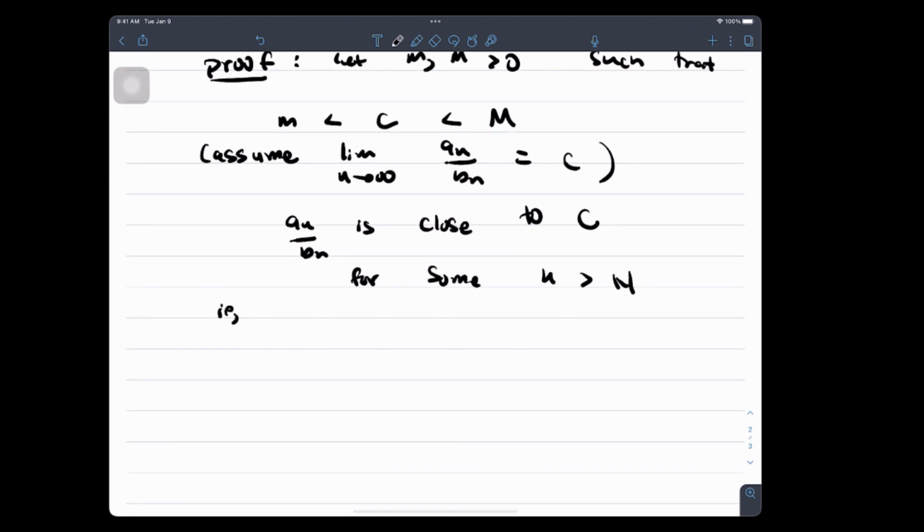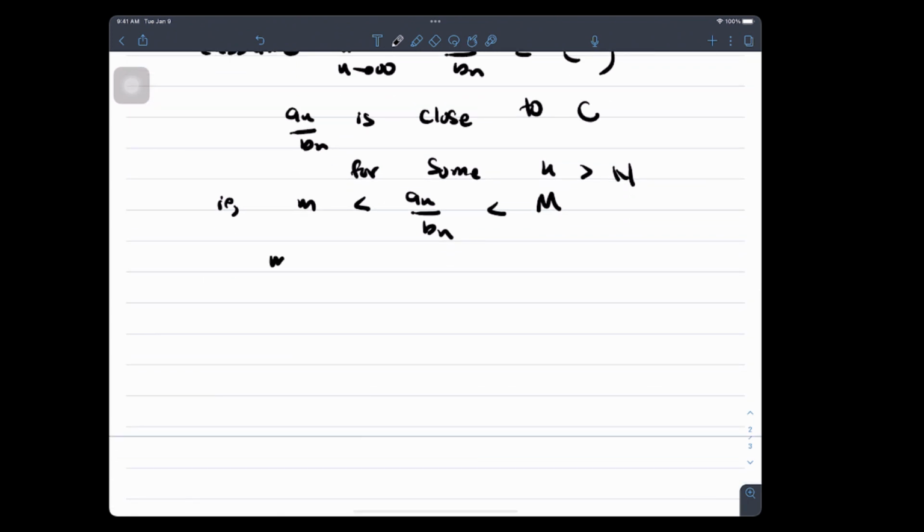In other words, what we're saying is little m is less than that AN over BN value, which is less than that big M. Okay, so then now just multiplying BN to both sides, remember, BN is positive, we get m BN is less than AN, which is less than M BN, at some point for n.